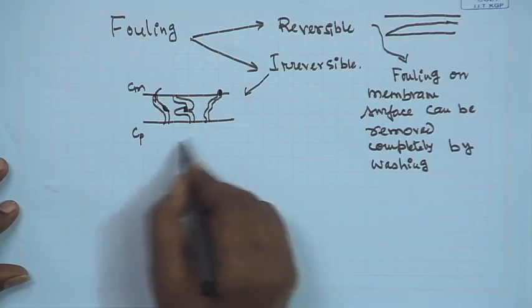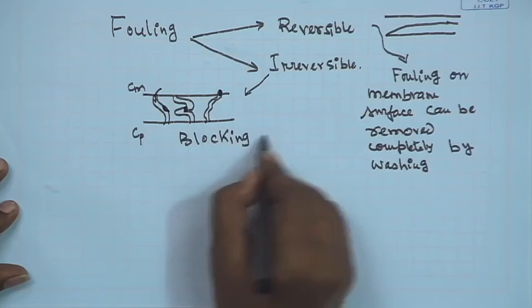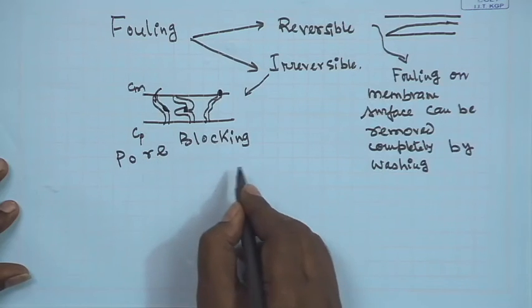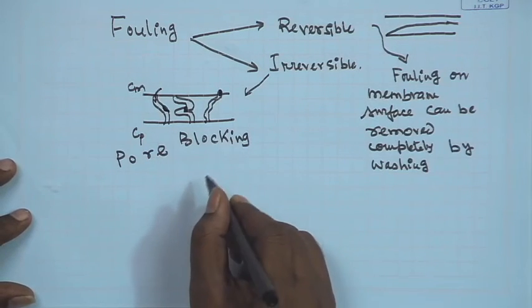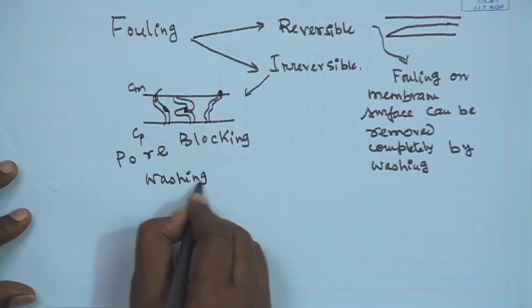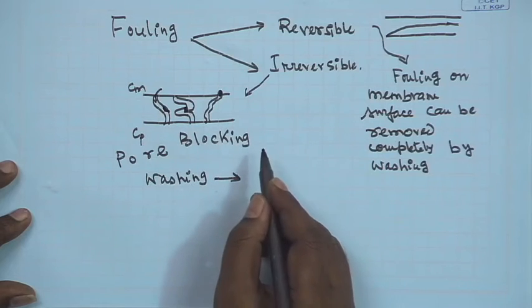So, all these phenomena cause blocking of membrane pores. These are known as the pore blocking phenomena. Even after proper washing, some of the sites of the blocking may be opened, but not all.